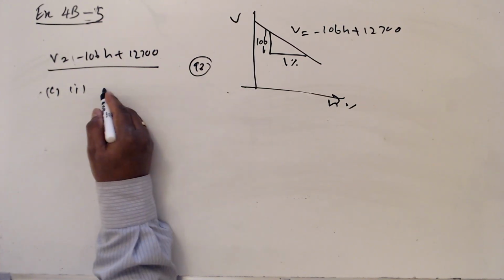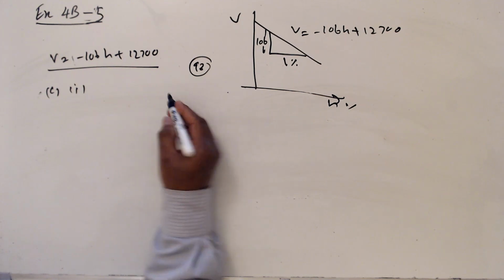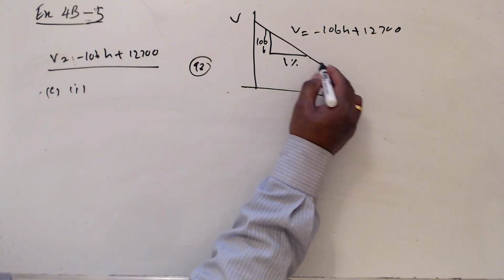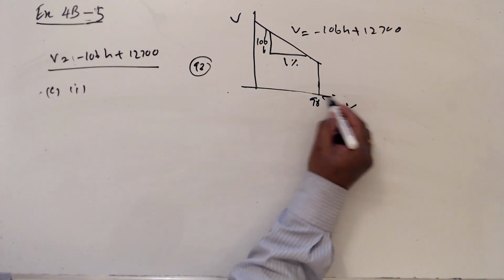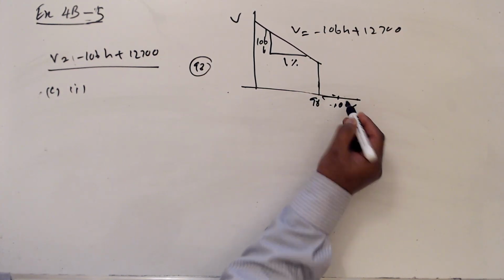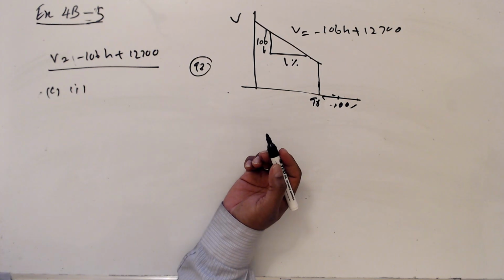So 100 is an extrapolation, and extrapolation is less reliable.